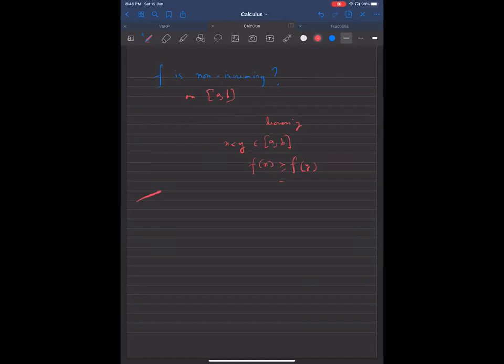And a function f is non-decreasing if f(x) is greater than or equal to f(y) when x is greater than y. That's the thing. Now tell me this: suppose f is a function from the closed interval [a, b] to R, and f'(0) is greater than 0.